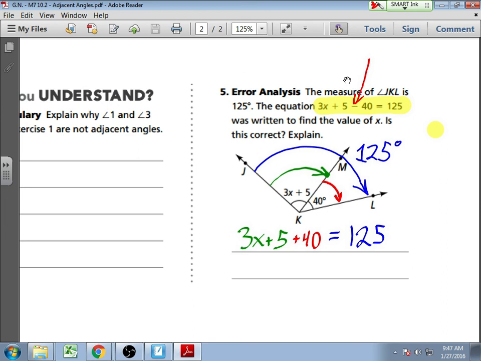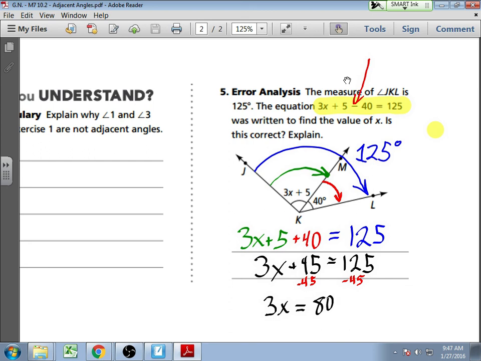Combine like terms first. You were jumping too quickly to solving. So we combine the like terms. That becomes 45. Now, you could have taken away the 40, but then you would have still had to take away the 5, so just to save a step. So if we take away the 45 from both sides, we get 3x is equal to 80.